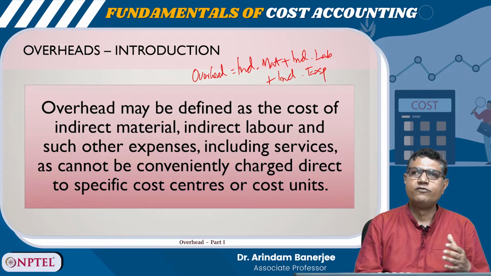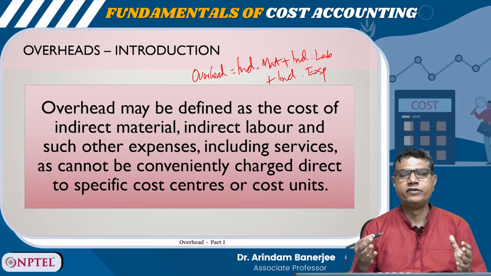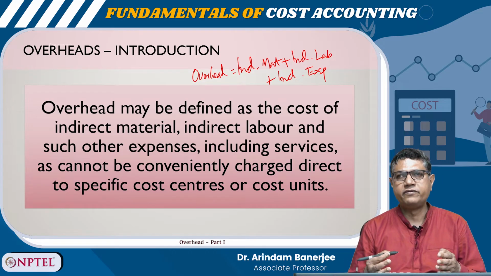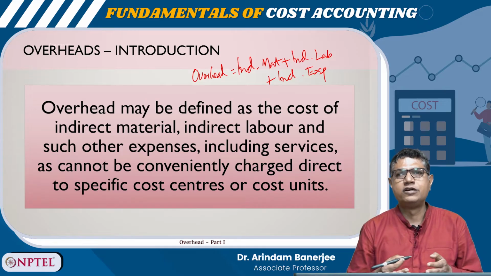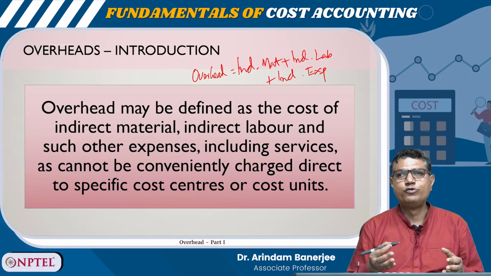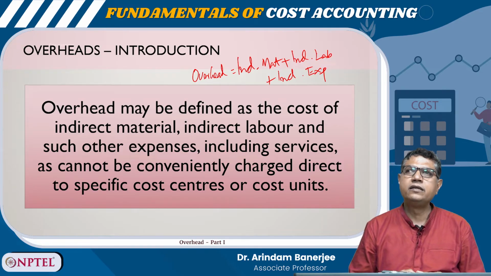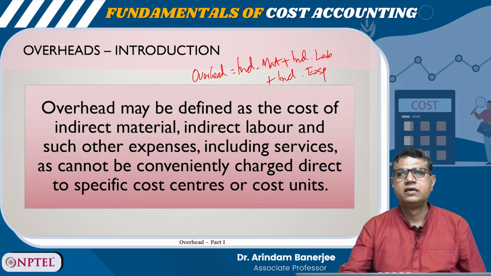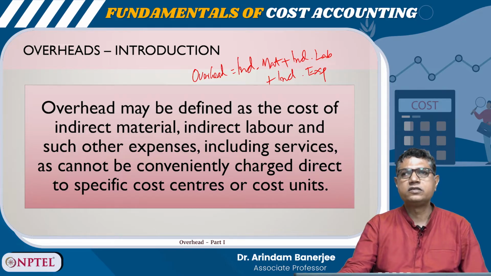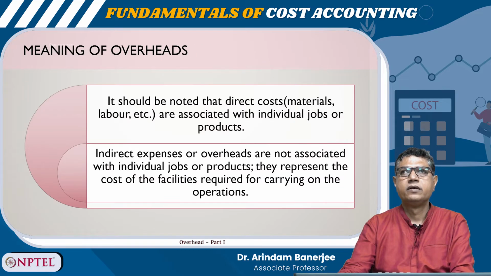Usually in a shop floor, there is a small office and an office staff who maintains all the records and everything. So, the salary paid to him we can consider as indirect labor. Similarly, other expenses, like the electricity cost for the street lights within the factory premises. These are examples of overheads, and we will learn how these costs can be apportioned.